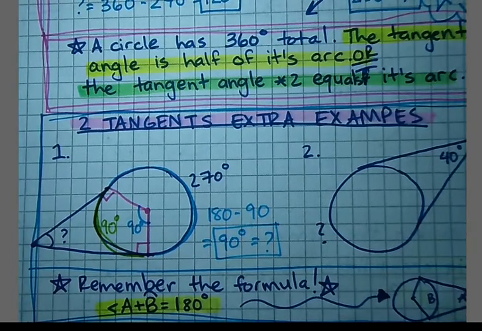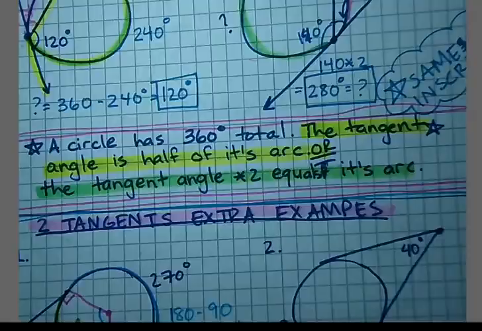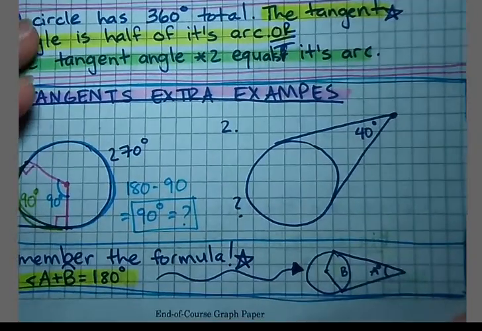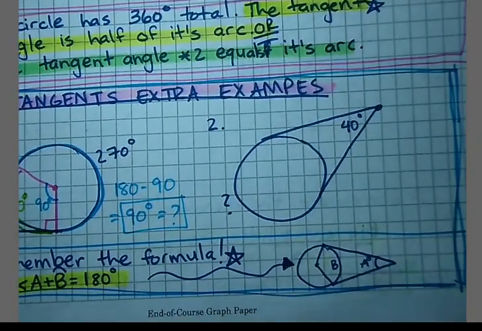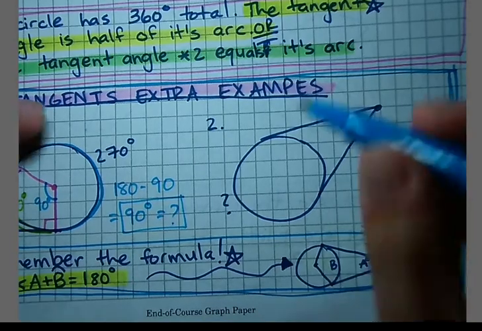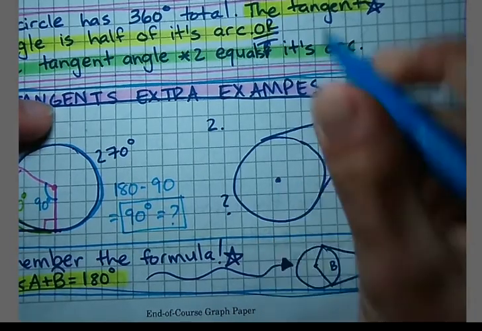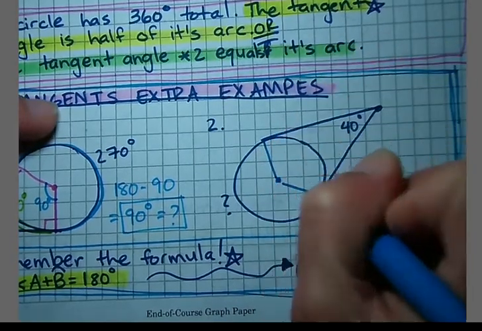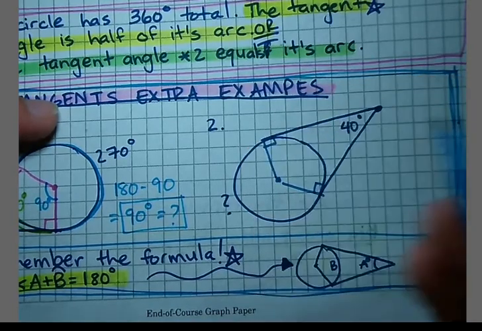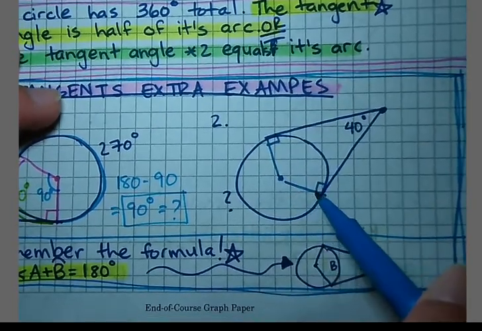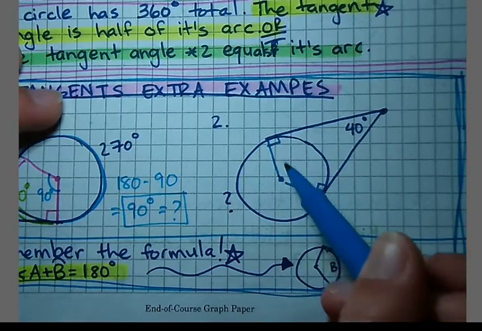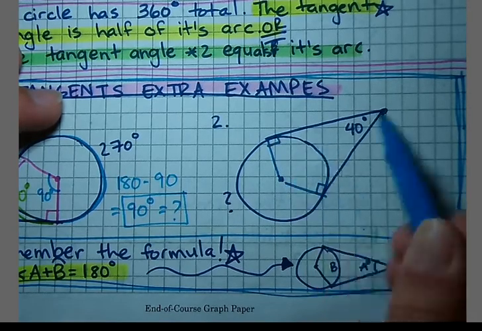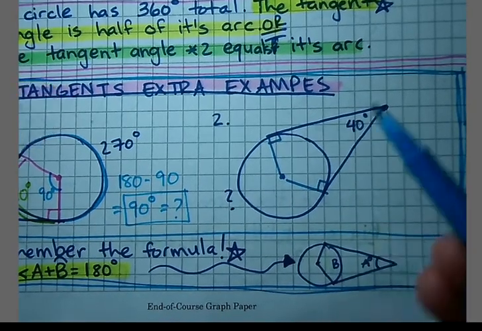Okay, so let's move on to another example. Let's try this one by drawing the shape again, just so you can get a visual. Since a quadrilateral has 360 degrees, and these two are already 90 degrees, these two must add up to 180.